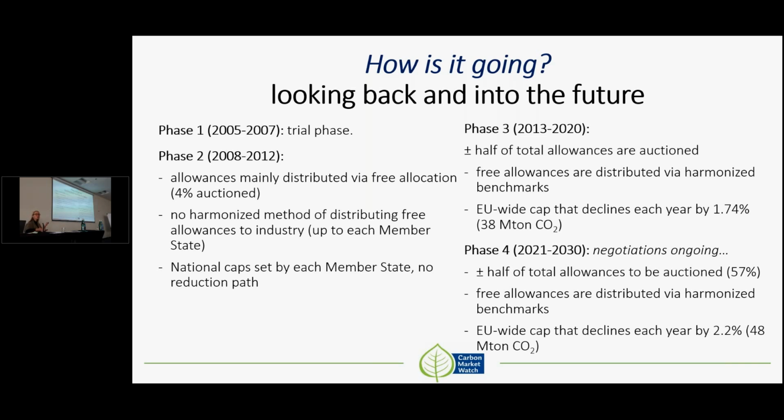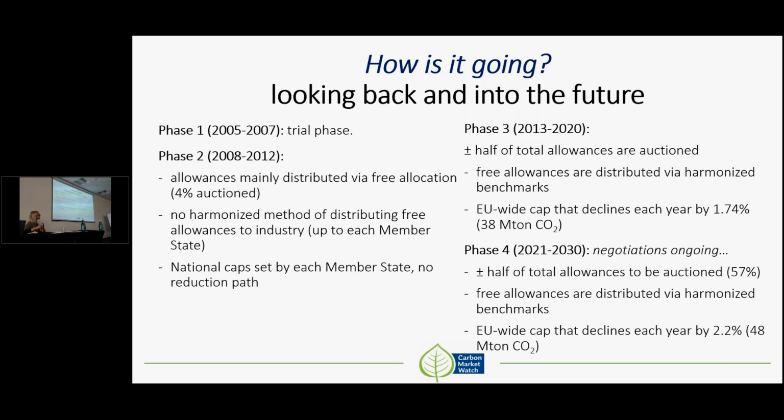What's on the table now is that the Commission has put forward a proposal, and according to this, we still have a bit more than half of the total allowances to be auctioned. We still have free allowances that are distributed via a harmonized benchmark system. A bit better than before, but still not good enough because it's still too much.